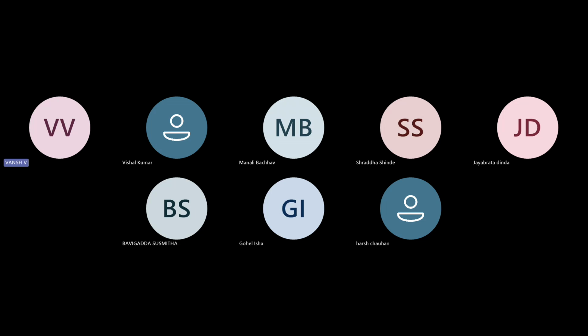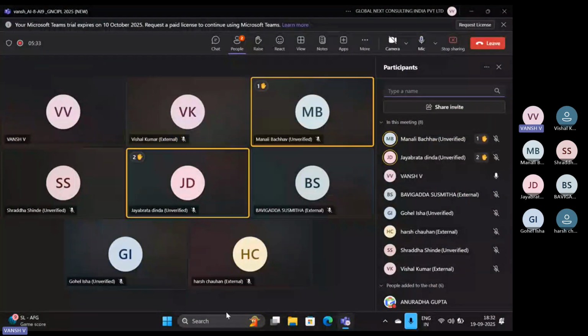There it is. Okay, so first of all, we are going to see what MongoDB is and how it is different from SQL database. First of all, MongoDB is actually a NoSQL database.